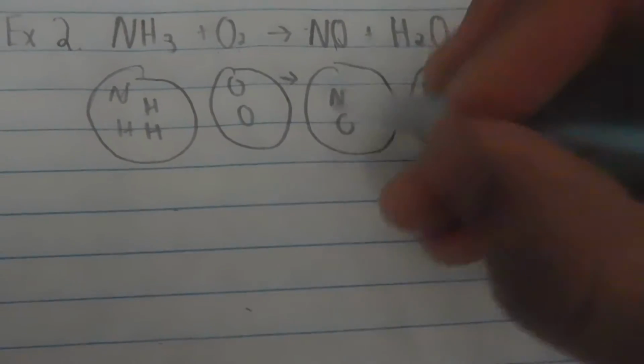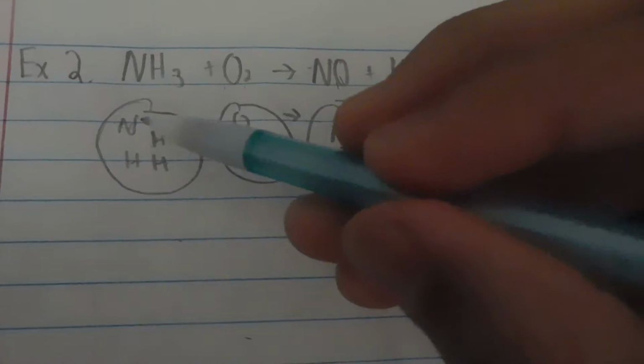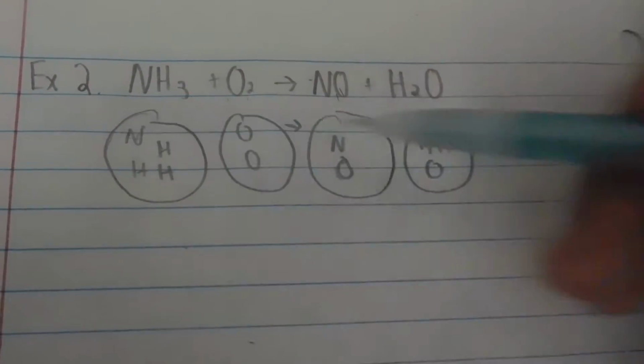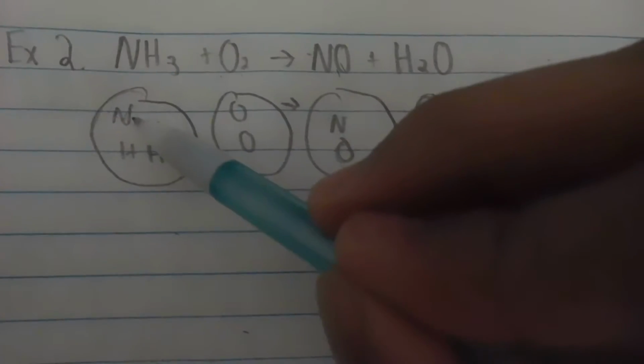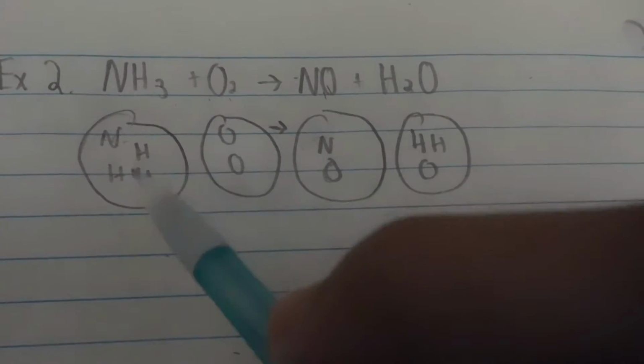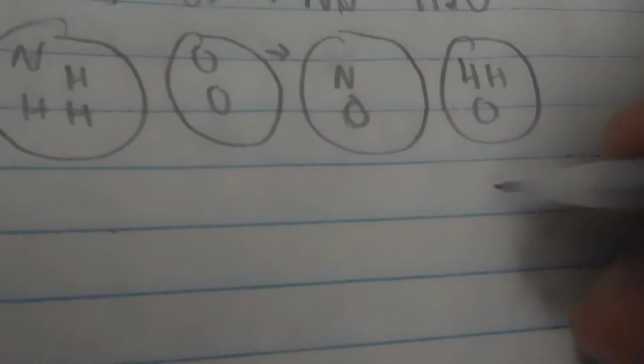Alright, so let's see. We want to count how many of each element there are and match it right here. Same thing we did before. So 1 N, 1 N. 3 hydrogen, 2 hydrogen. So now we have to match the hydrogen. So let's add a bubble.